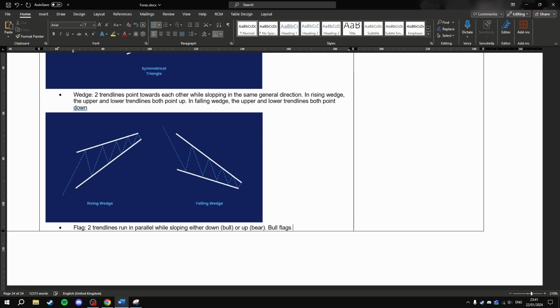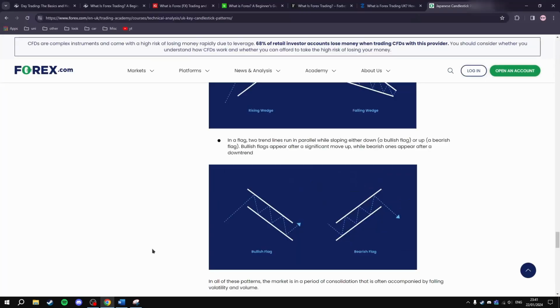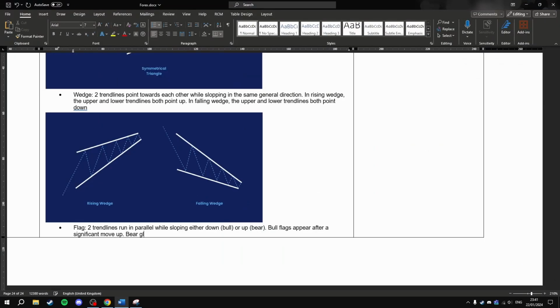Bull flags appear after a significant move up. Bear flags appear after a move down.